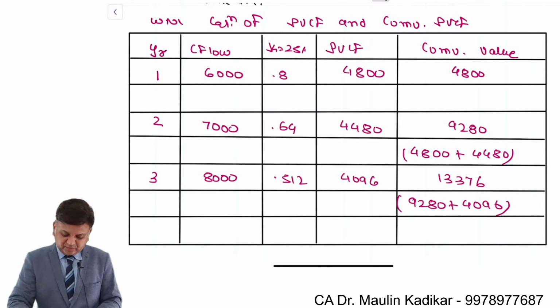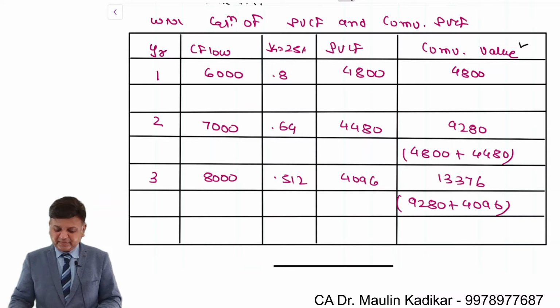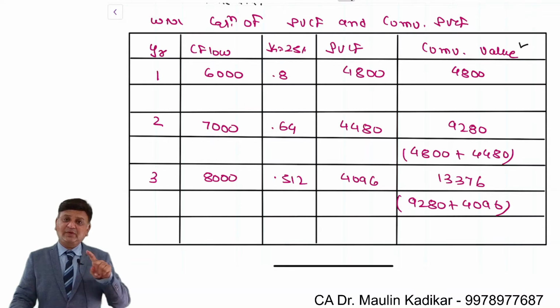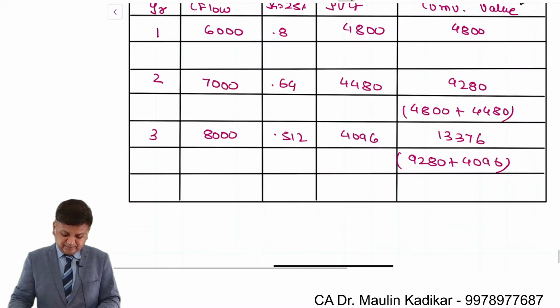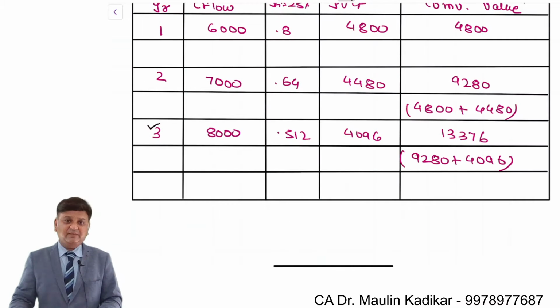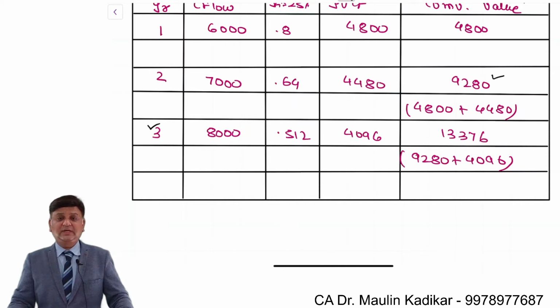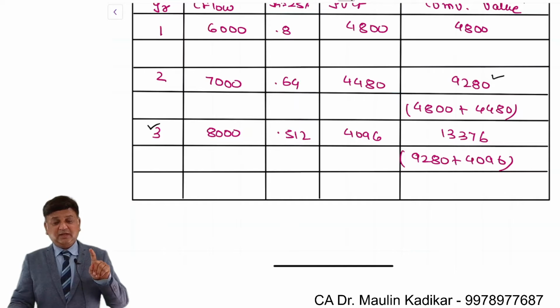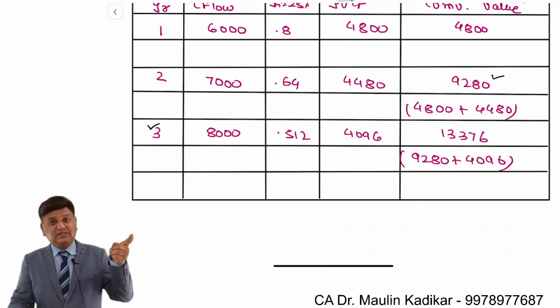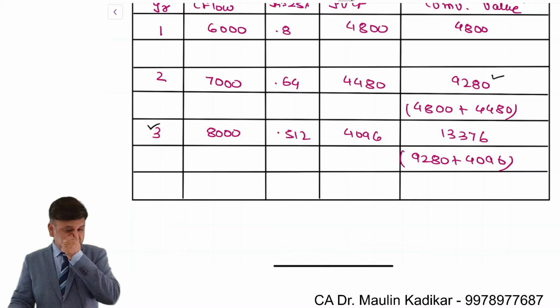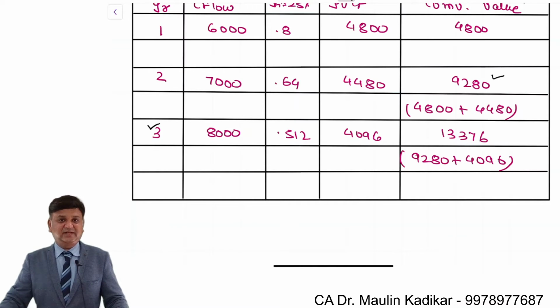We have to focus on the cumulative cash flow column, the year in which the cumulative value exceeds the initial investment. That is the time period by which we are able to recover the investment. Over here, we are able to recover investment by end of third year. Because by end of second year, we have not been able to get an amount equal to the initial investment or more than that. So the answer is more than 2 years and less than 3 years.